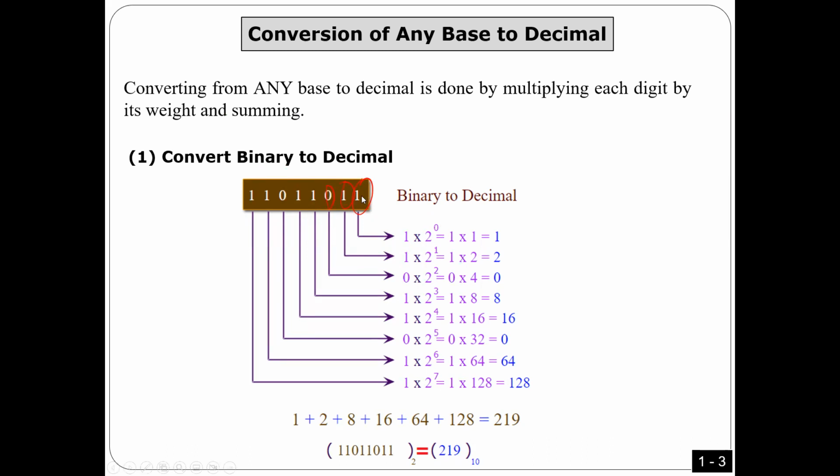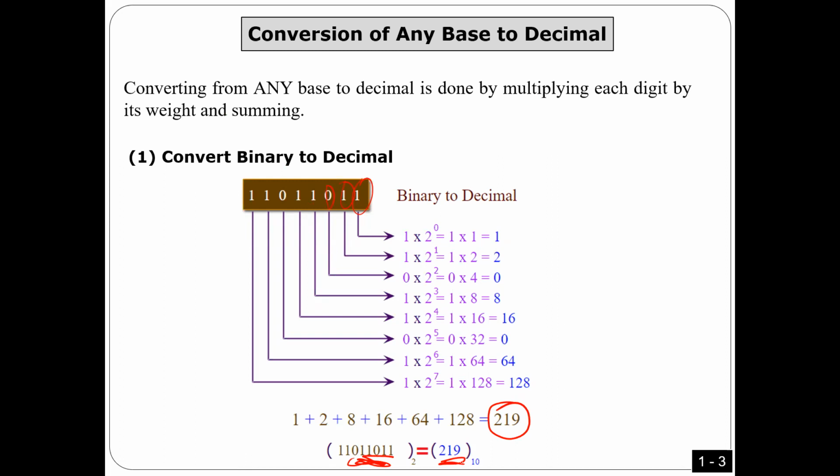Once you multiply every digit, 1 or 0, by its weight, you just add the results together, and this will be the result in decimal. So this number in binary is equivalent to 219 in decimal. Any questions here?